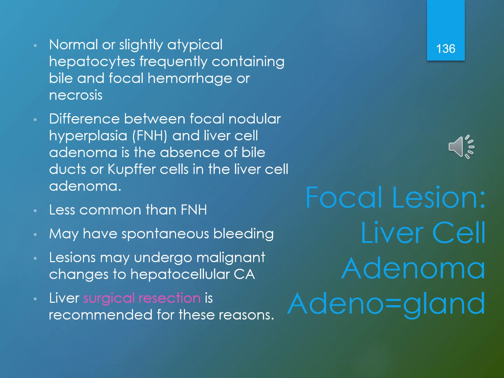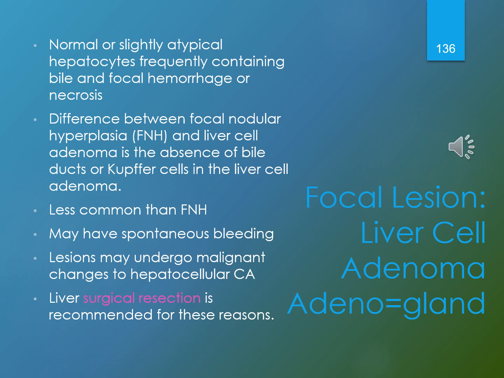Our next focal lesion is the liver cell adenoma. Adeno means gland. There are many glandular structures throughout our bodies, and a lot of them can develop adenomas. A lot of them can also develop their cancer sister called the adenocarcinoma, and they'll typically look cystic, so it'll be a cystic adenocarcinoma.